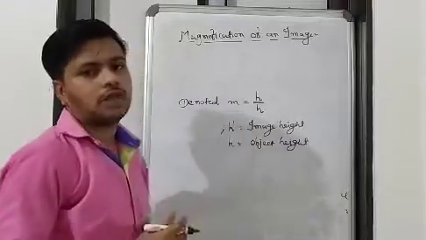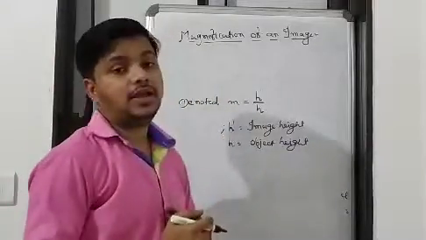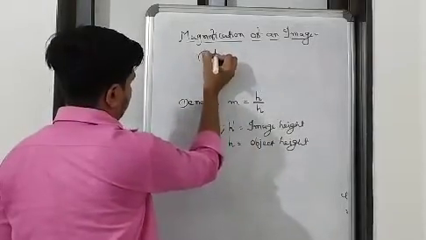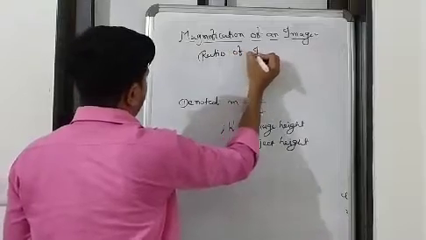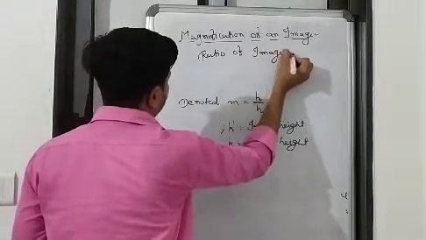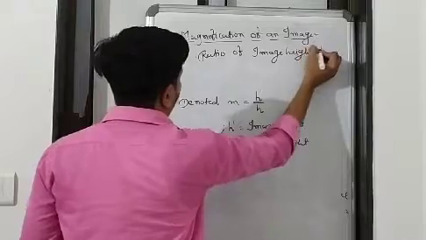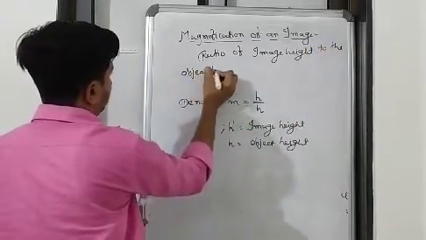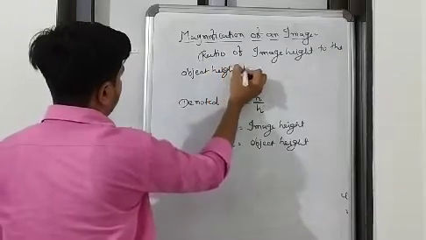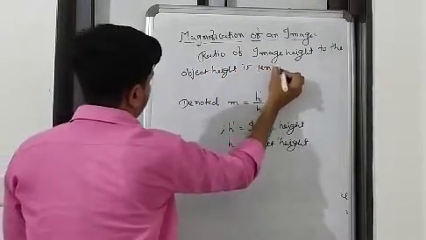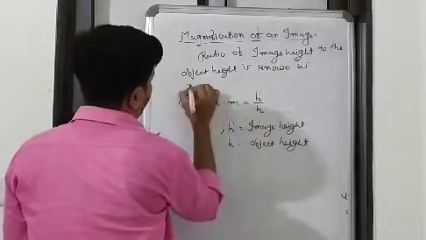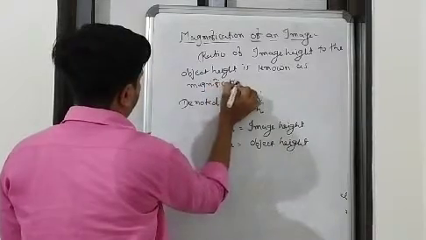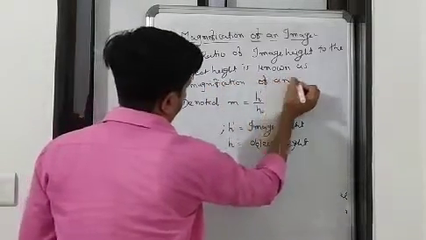So according to this formula, what is the definition of it? The ratio of image height to object height is known as the magnification of an image.